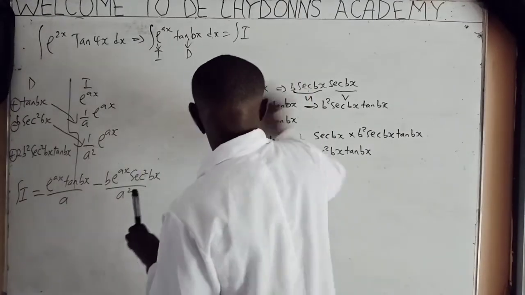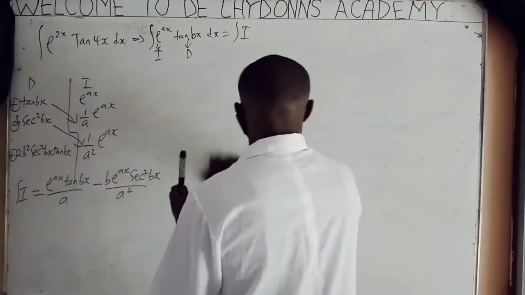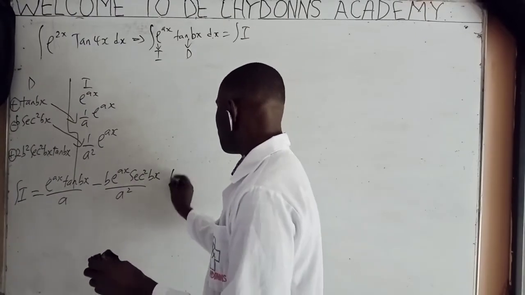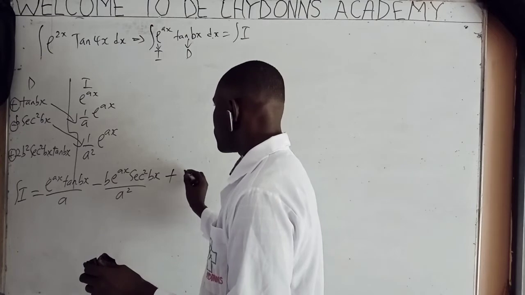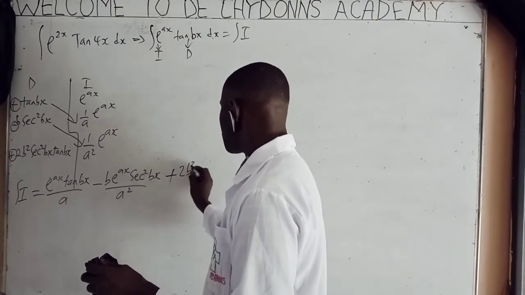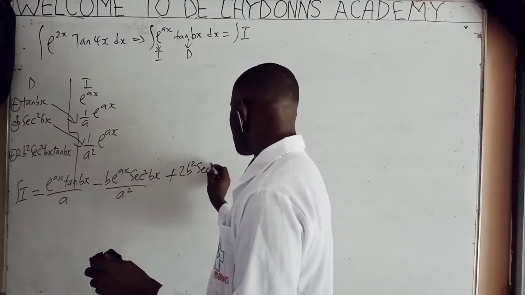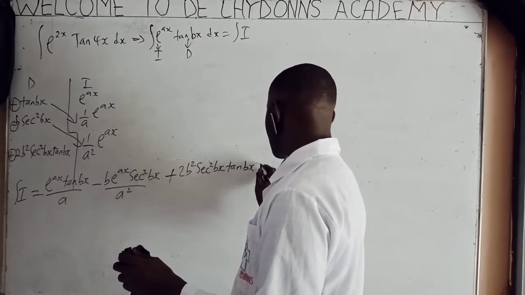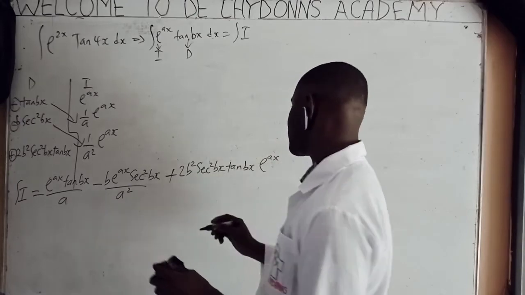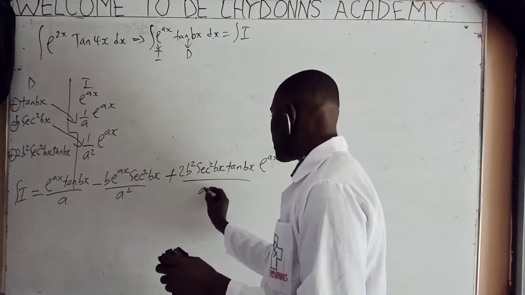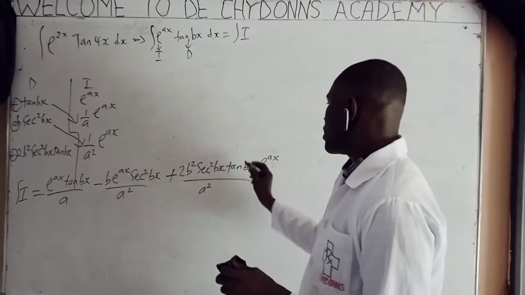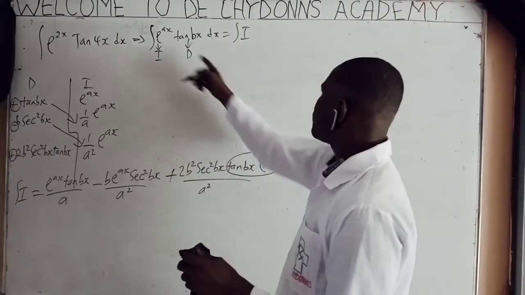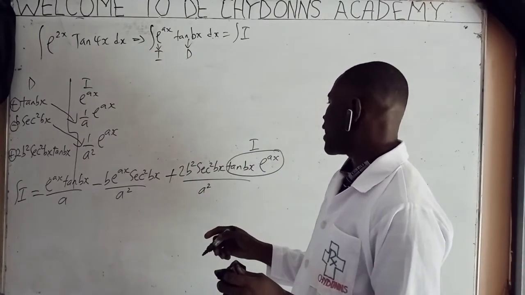Okay? Then what you now do is multiply these two. You now say plus 2b squared sec squared bx tan bx exponential ax all over a squared. Remember, the totality of this is your I from here. Okay?